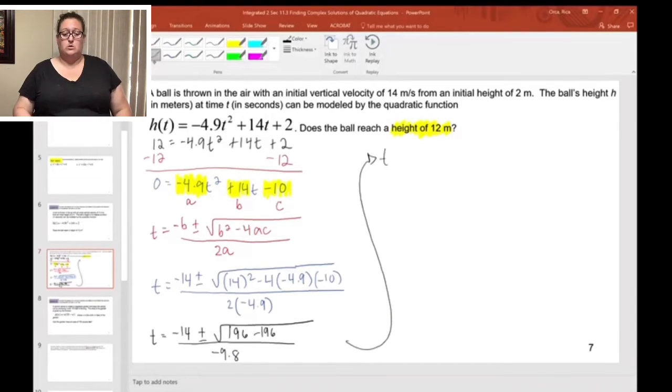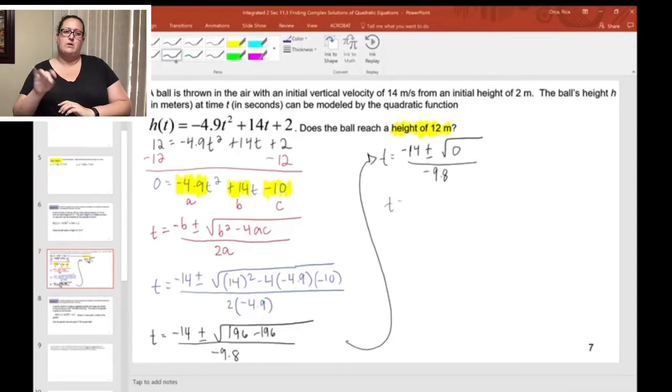So T equals negative 14 plus or minus the square root of 196 minus 196 is 0, all over negative 9.8. So we have T equals negative 14 plus or minus the square root of 0, which is 0, over negative 9.8.